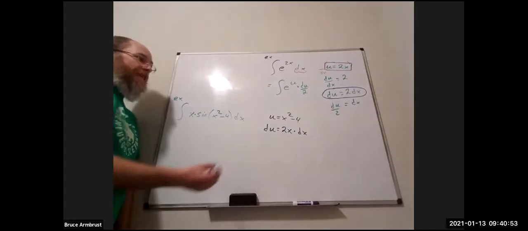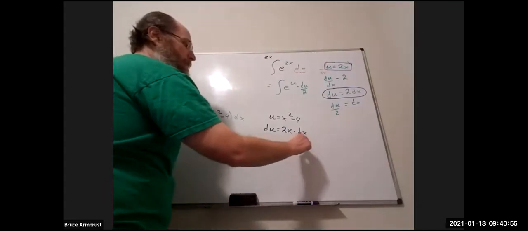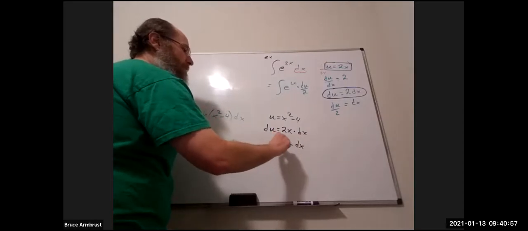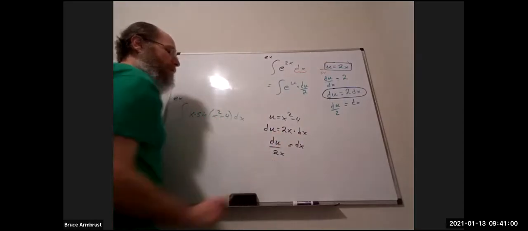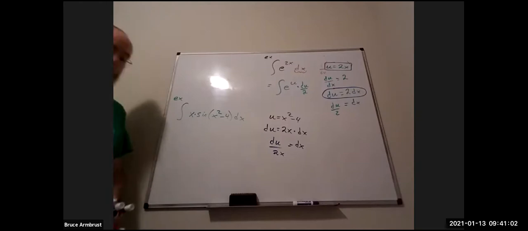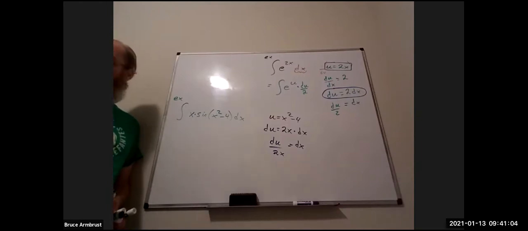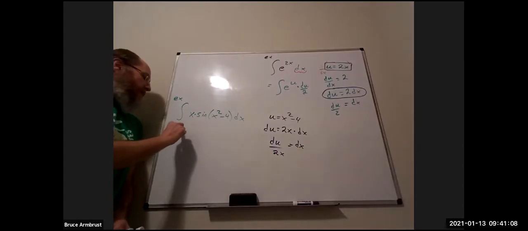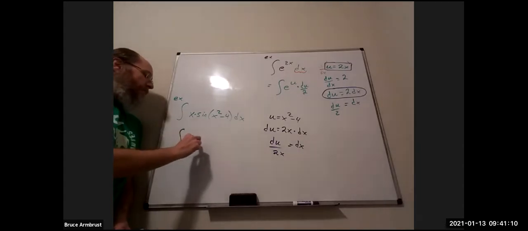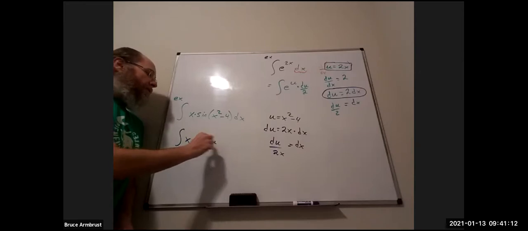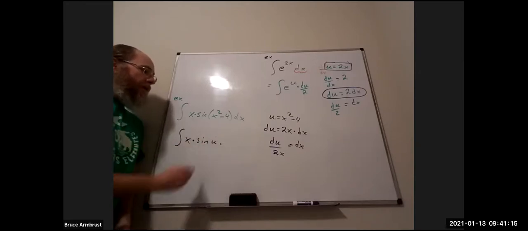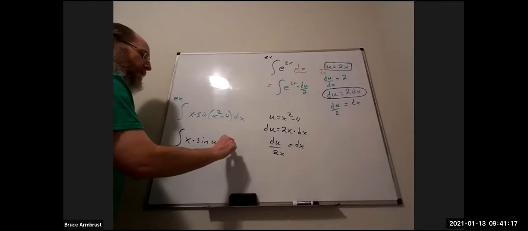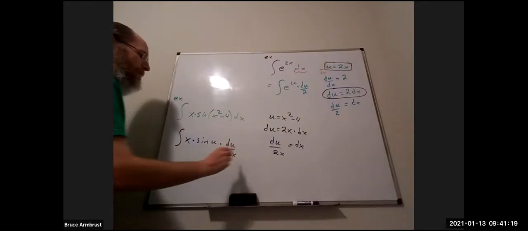So let's solve this for dx. So dx is equal to du over 2x. So let's go ahead and put these things in. So now we're going to have the integral of x times sine of u times du over 2x.